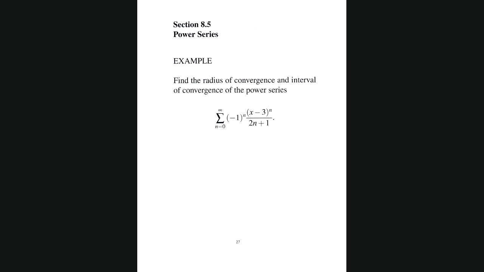So we have here the series n equals 0 to infinity of -1 to the nth power times x minus 3 to the nth power over 2 times n plus 1. Just like with the previous problem, we're going to use the ratio test to help us get started on the interval of convergence.